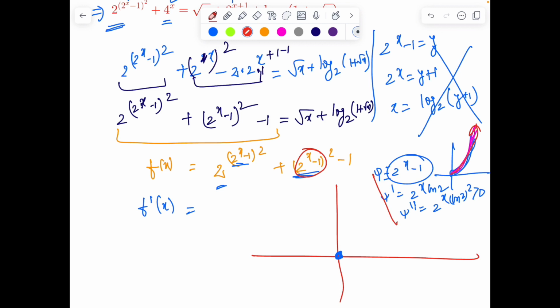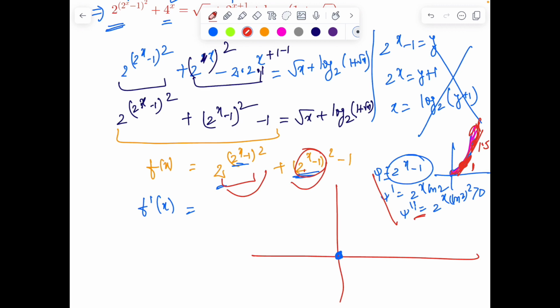Since 2 to the power x minus 1 is a concave up function, because its double derivative is positive, the rate of change of slope is increasing. So if initially the slope is, let's say, 1, then after some time the slope becomes 1.5, then 2.5. So the function will behave like that, and in that sense this will also be concave up.